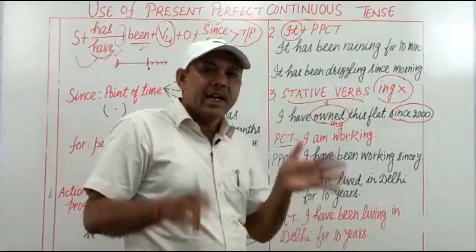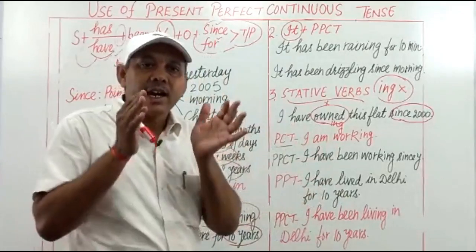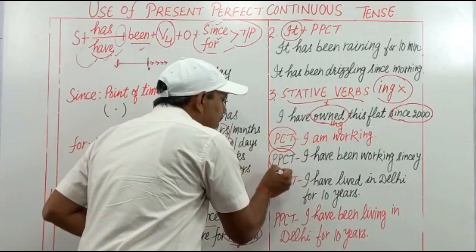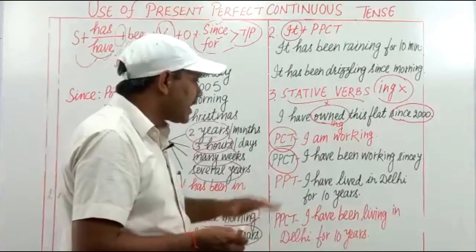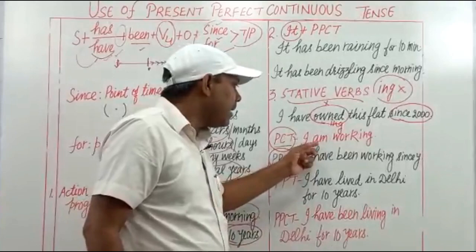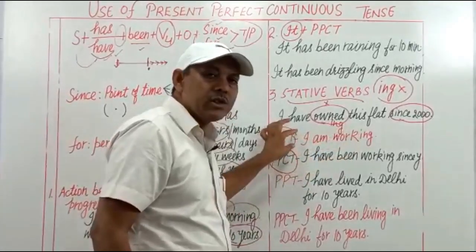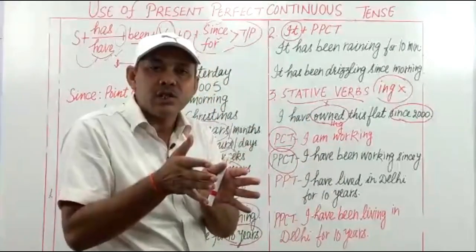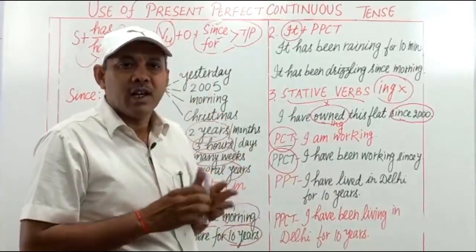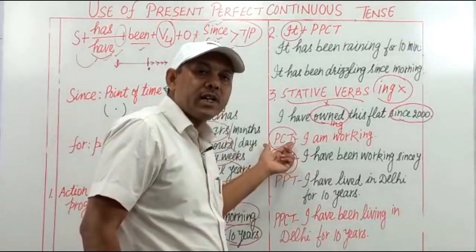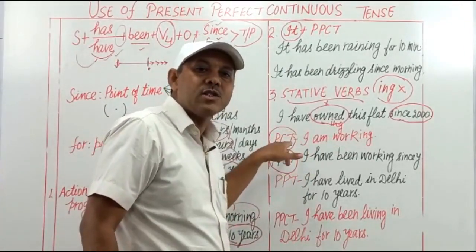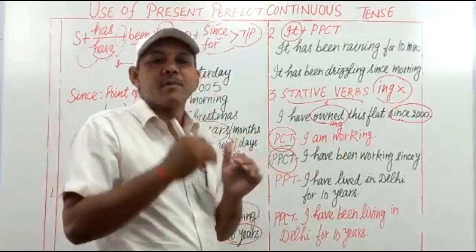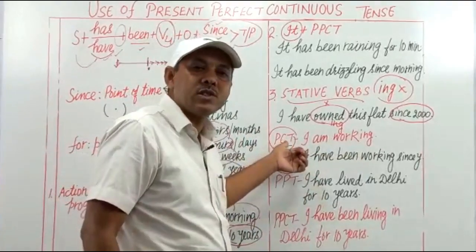Now, let us try to understand the difference between present continuous tense and present perfect continuous tense. Let us take two examples. I am working. Present continuous tense means an action which is in progress at the time of speaking. जब कहा गया उस समय एक्शन प्रोग्रेस में है, उसे हम present continuous में लिखेंगे.